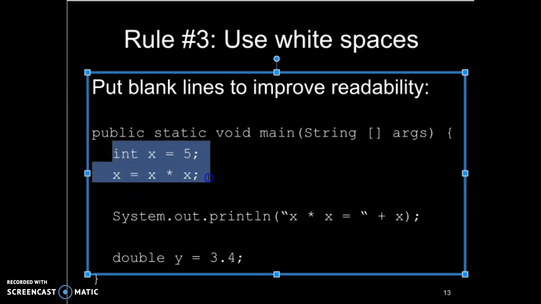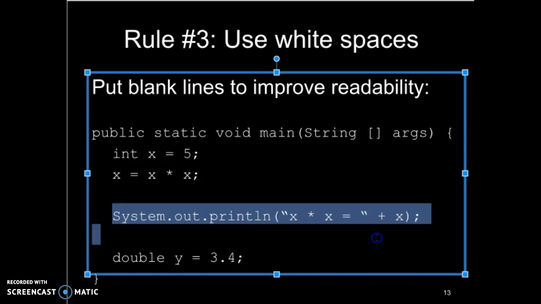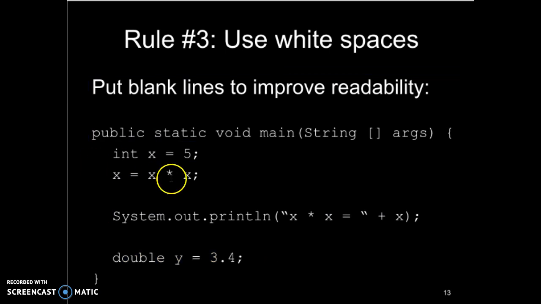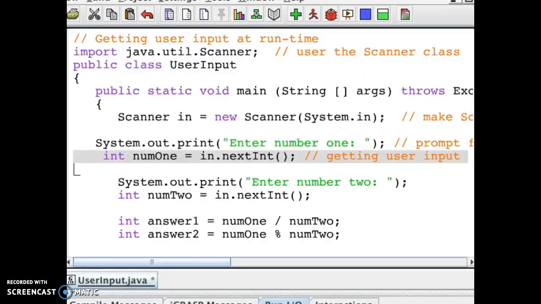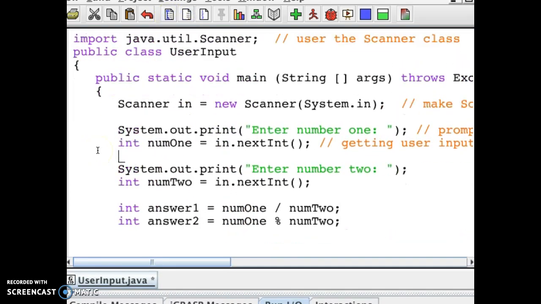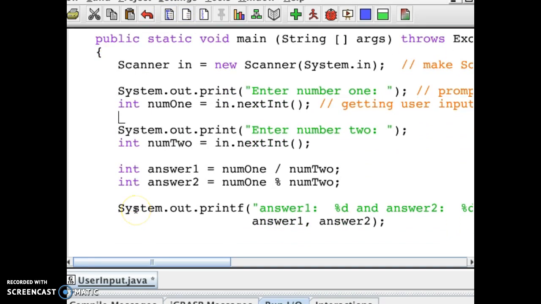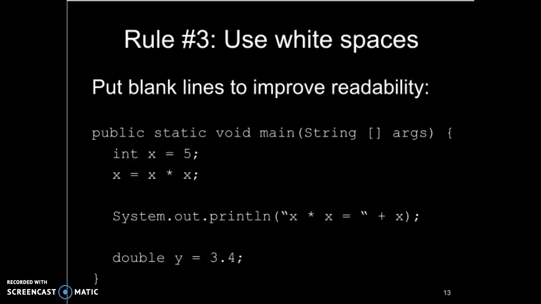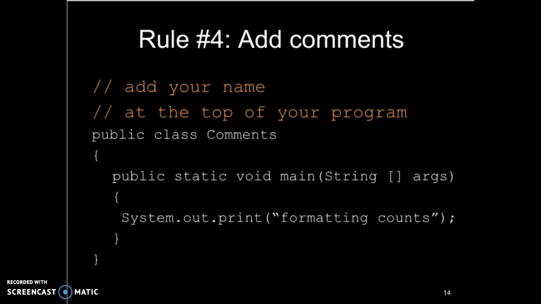Here I have variables being declared, some math done, some output, and another variable being declared. If there are logical breaks, I add some white space just to separate different concepts, so my calculations are separate from that.